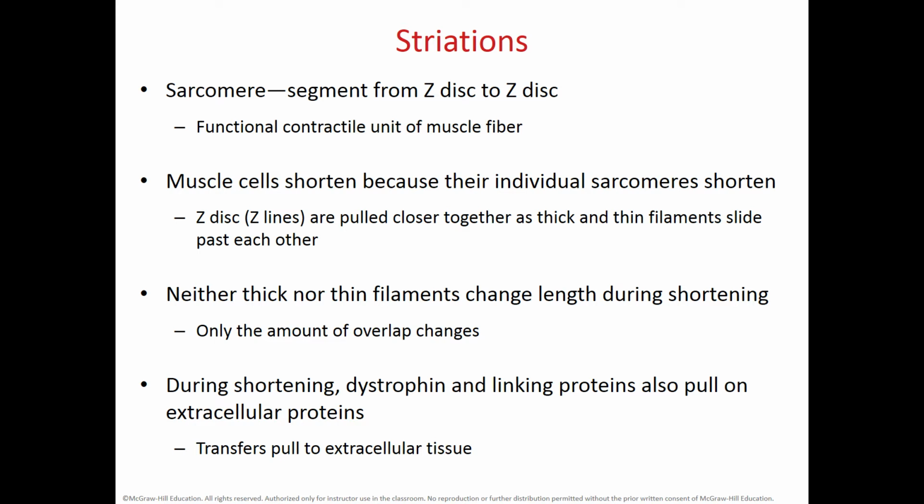And then neither thick nor thin filaments change their length during the shortening, only the amount of overlap. So the thin and the thick filaments stay the same length, but when they overlap, the bands sometimes look shorter.